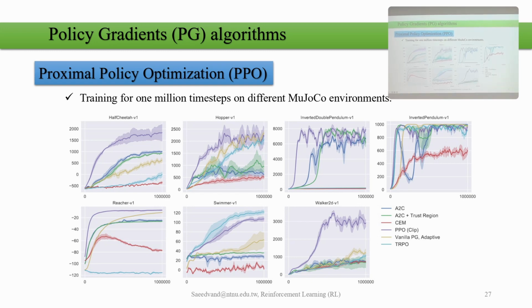It's another technique. We have CEM, we have the PPO clip version that we studied today, we have vanilla policy gradient that we also studied today, and PPO itself. Let's have a look at the performance. I think this is based on the MuJoCo environment and 1 million time steps of running the technique.